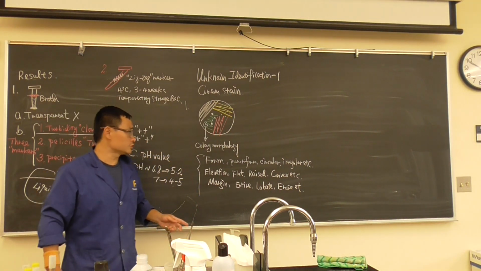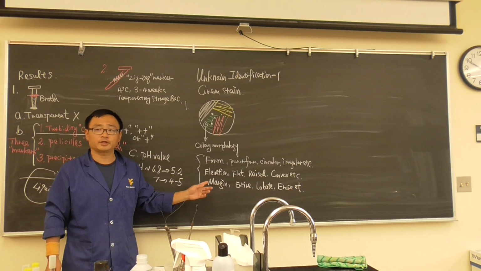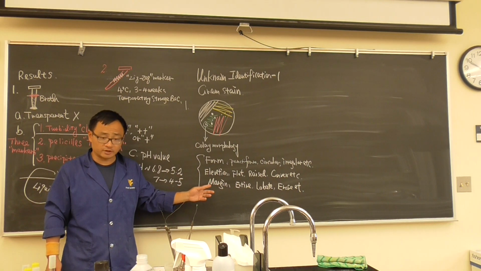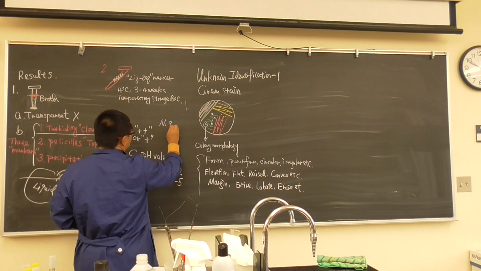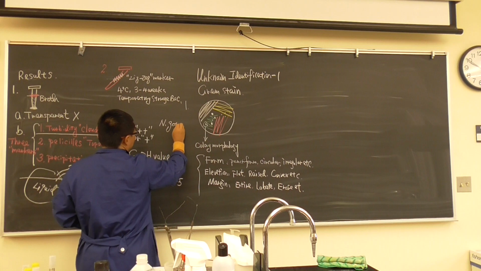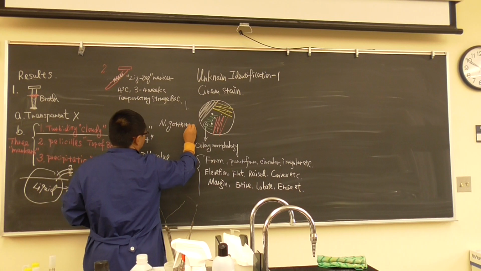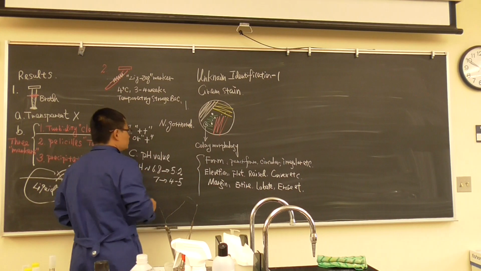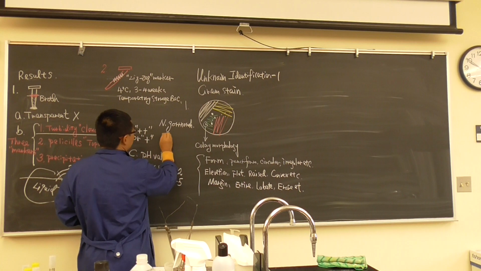Now, I want to tell you one thing. For most bacterial cells, the colony morphology on the plates won't tell you much, but sometimes it tells you something. For example, if you have a bacterial culture called Neisseria gonorrhoeae, it will be a pushable colony.